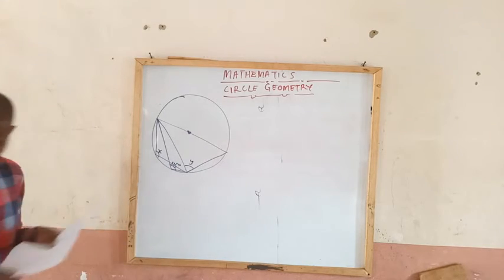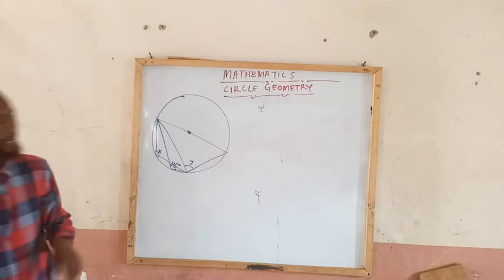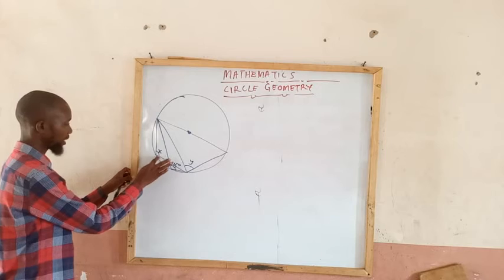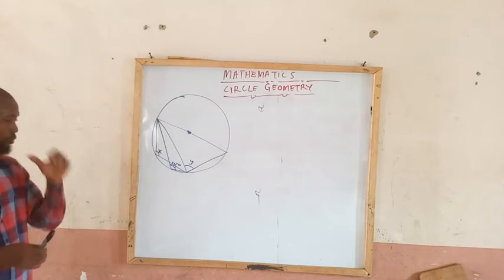So this is y. Now in this case here, we are asked to find two unknowns. So the two unknowns which we are asked to find are x as well as y.